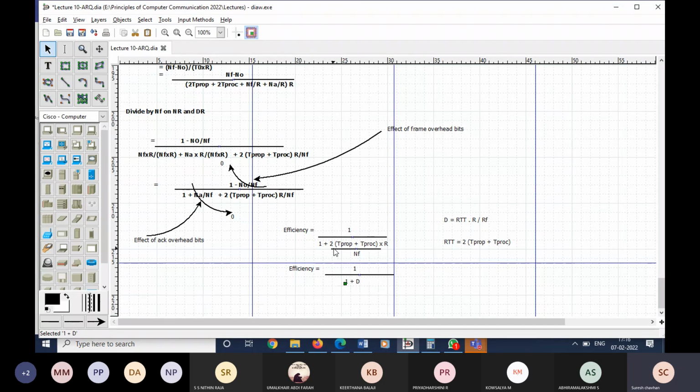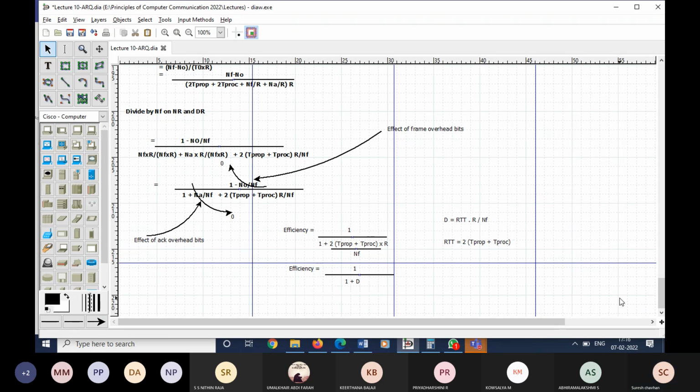This whole term I'll get from this, correct? So this is not RF, this is the NF. So this is the actual formula for calculating the efficiency of the stop and wait protocol during the error-free channel, right?